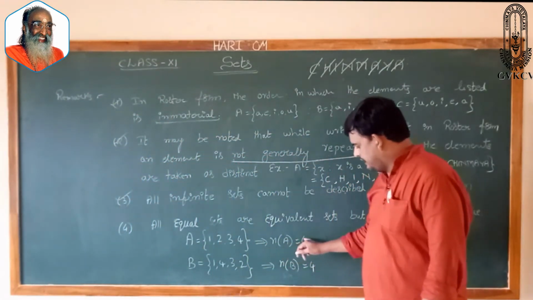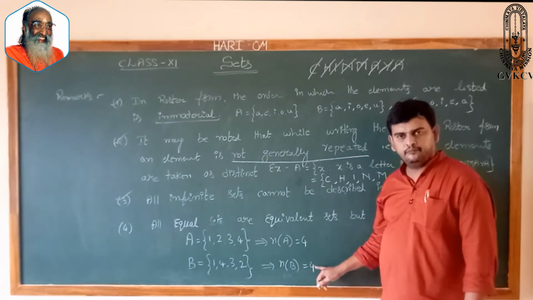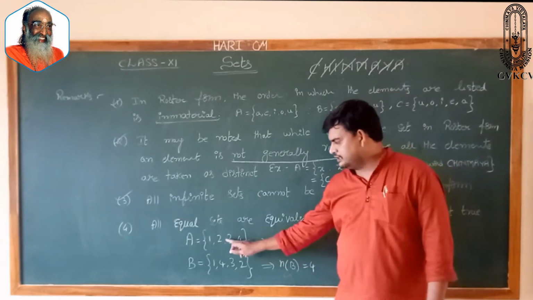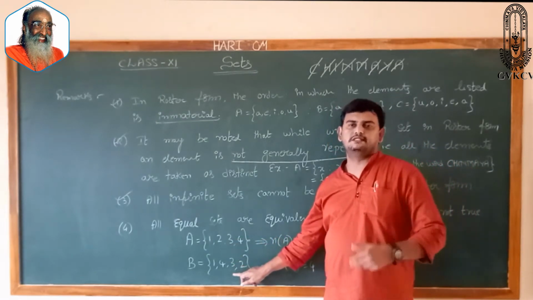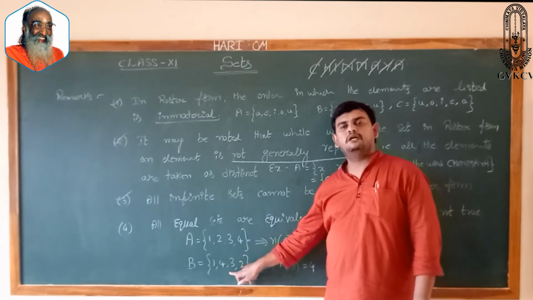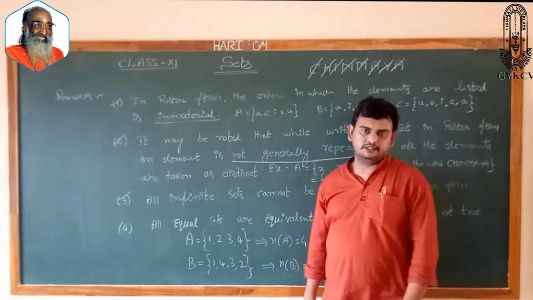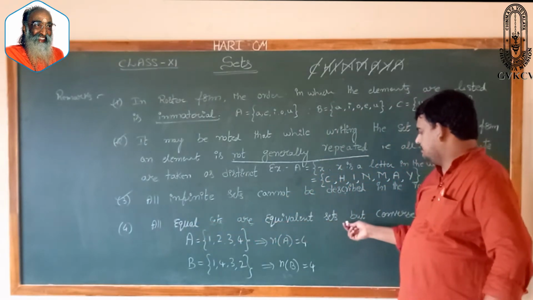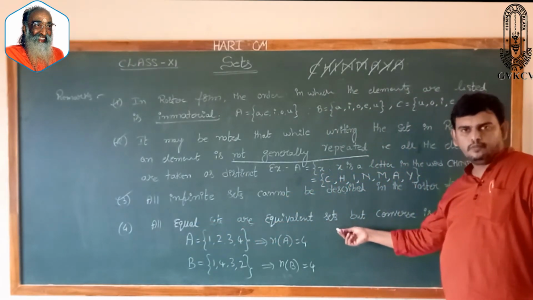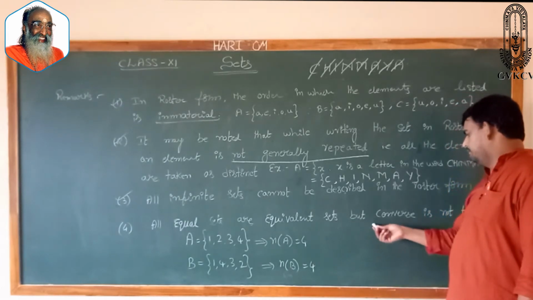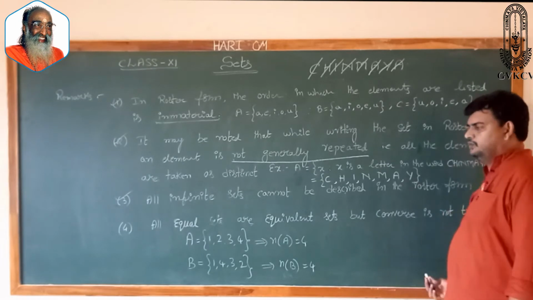So when the number of elements is the same, we can say these two sets are equivalent sets. When the elements are also the same, we can say that they are equal sets. So all equal sets are equivalent sets, but the converse is not true.